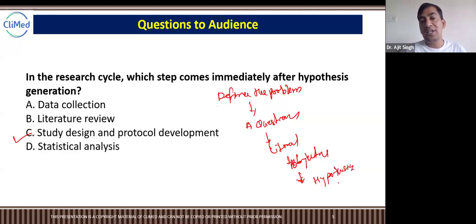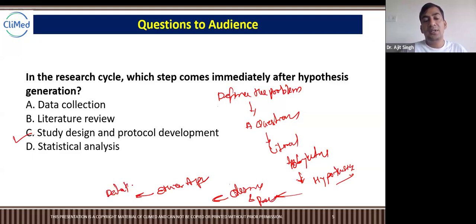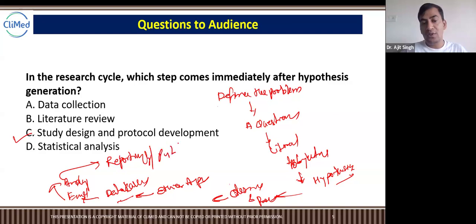Then you choose the study design and write the protocol, get ethics approval, then patient recruitment or data collection. Then the end of the study, data analysis, and then reporting or publication. This is the actual cycle of the research.